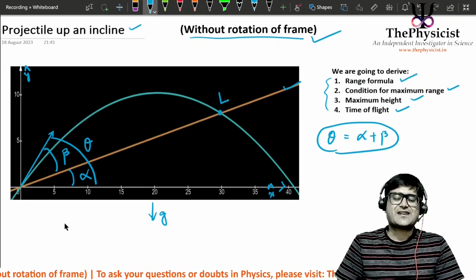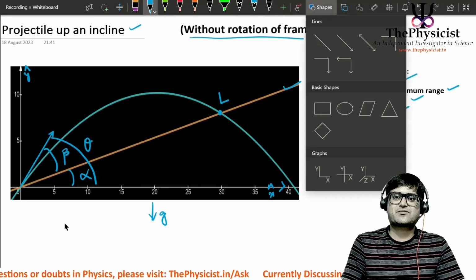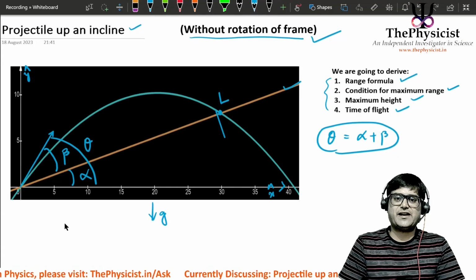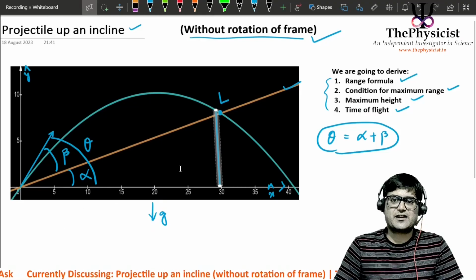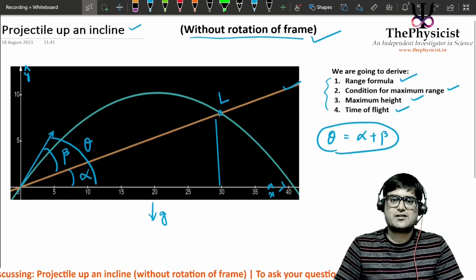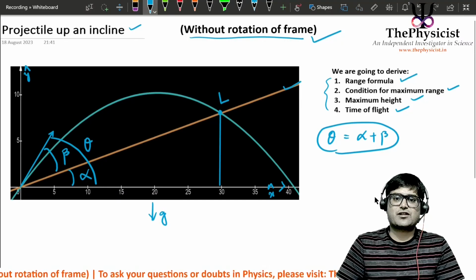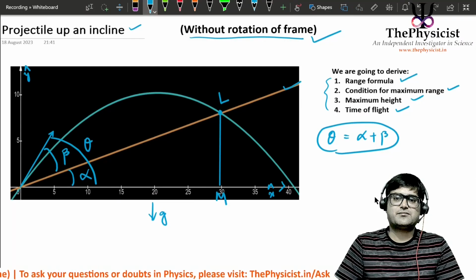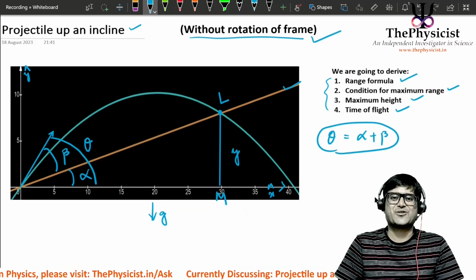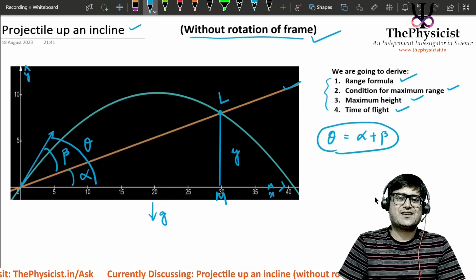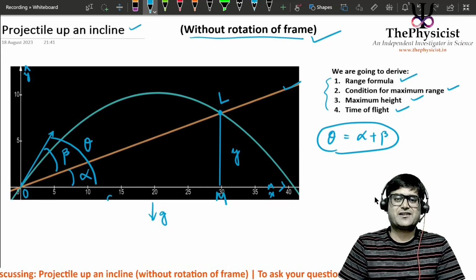Let's first see what happens when the particle reaches this point L. If I drop a perpendicular from L to the x-axis, and call this perpendicular LM, that's going to be my y coordinate, and from origin O to M, this is going to be my x coordinate.